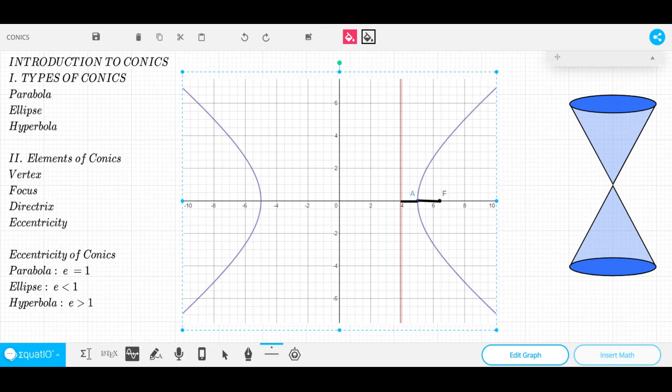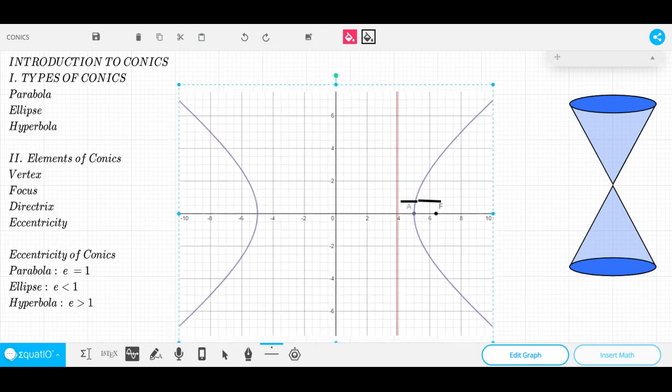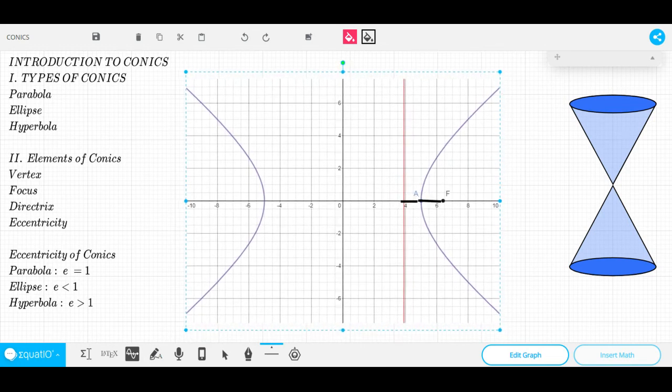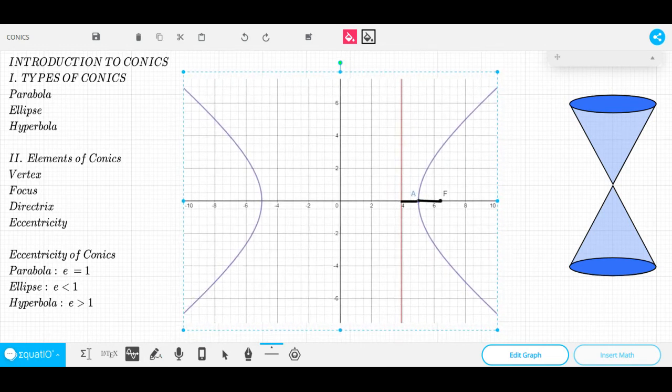If I were to choose this point over here, you'd see that the length from this point towards F is much greater than the distance towards the directrix from the same point, which is why the eccentricity of a hyperbola is always greater than 1.